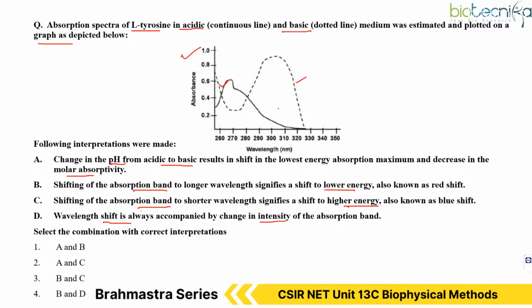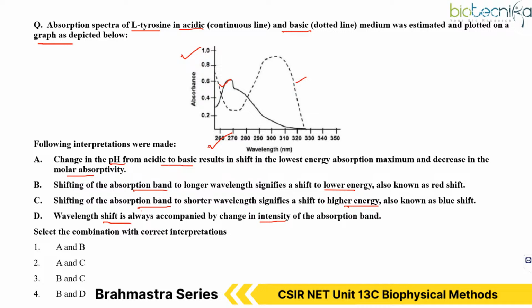So a graph is given and some interpretations are given, and based on this graph, you have to select the correct interpretations. Again, you don't have to think out of the box. Just go through this given graph carefully.